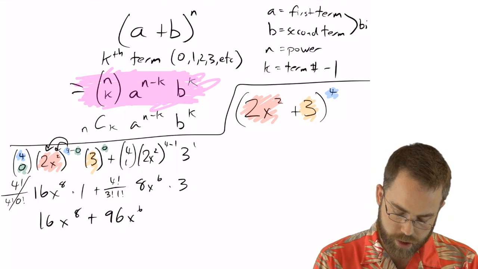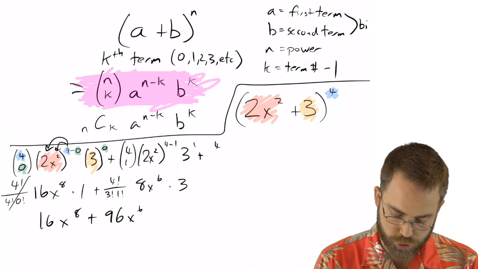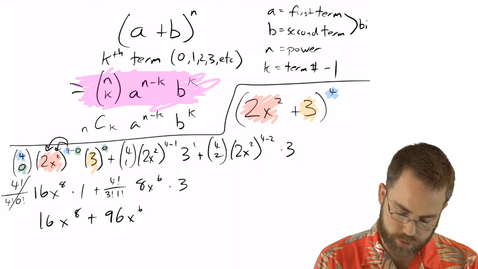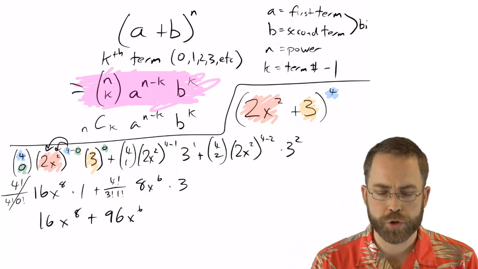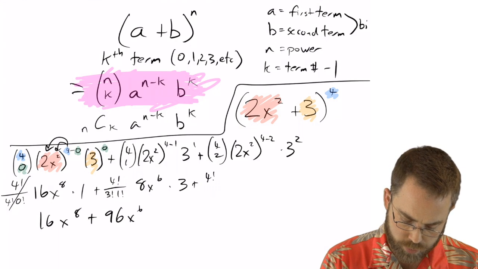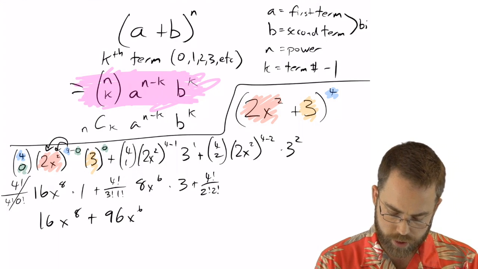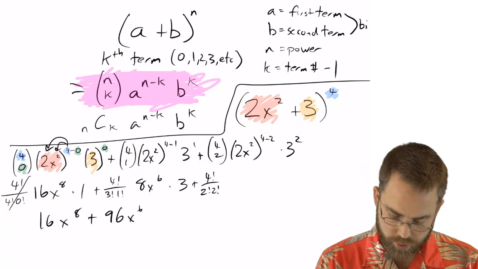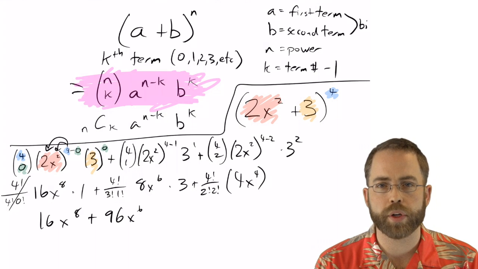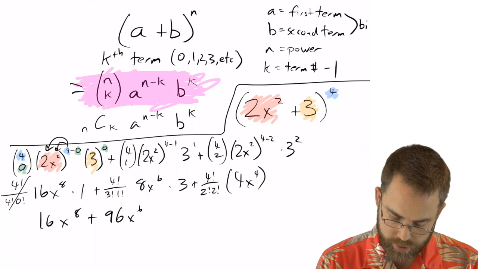Okay, the next term is going to be 4 choose 2 of 2x squared to the 4 minus 2 times 3 squared. 4 choose 2 is going to be 4 factorial over 2 factorial, 2 factorial. And the next term squared is 4x to the 4th. And 3 squared is 9.